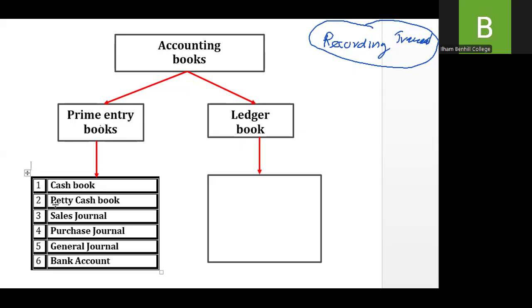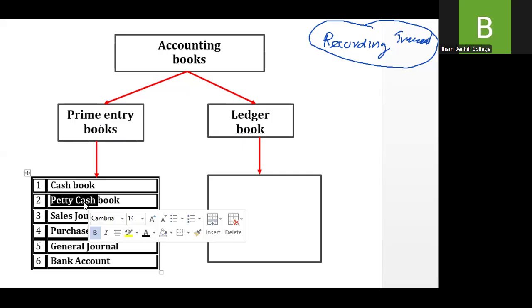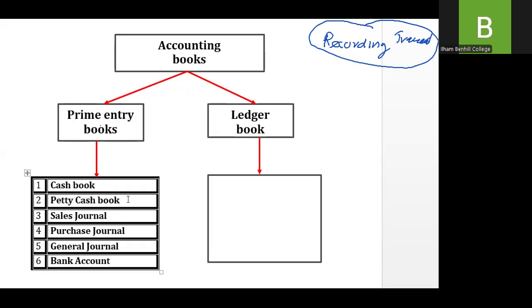Then we have the petty cash book. That is another prime entry book we use to record transactions, for petty cash transactions. I would have to explain what petty cash transactions are, but one by one explanation is not what I meant to do in this video. I just explained the cash book. There are different types of transactions, so you have to have different types of prime entry books.